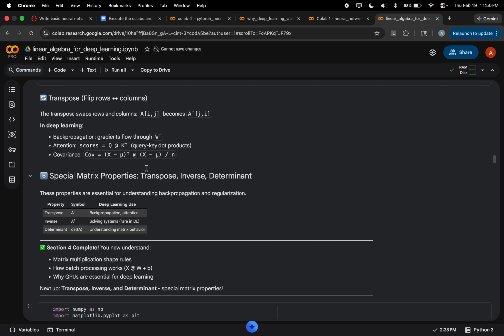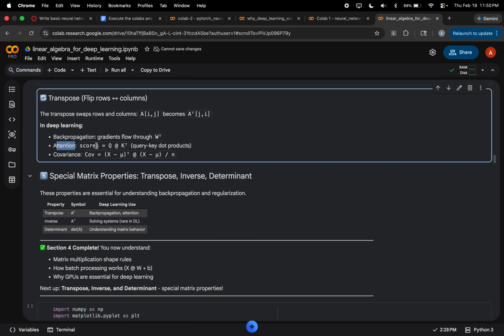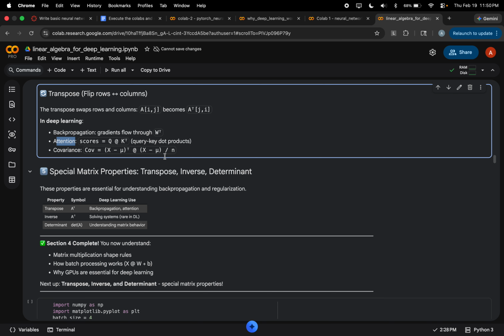This is actually used in attention, where scores equal Q matrix multiplied with K transpose, a query key dot product. And also for covariance, where the input minus mean, transposed, is multiplied by input minus mean, divided by n.